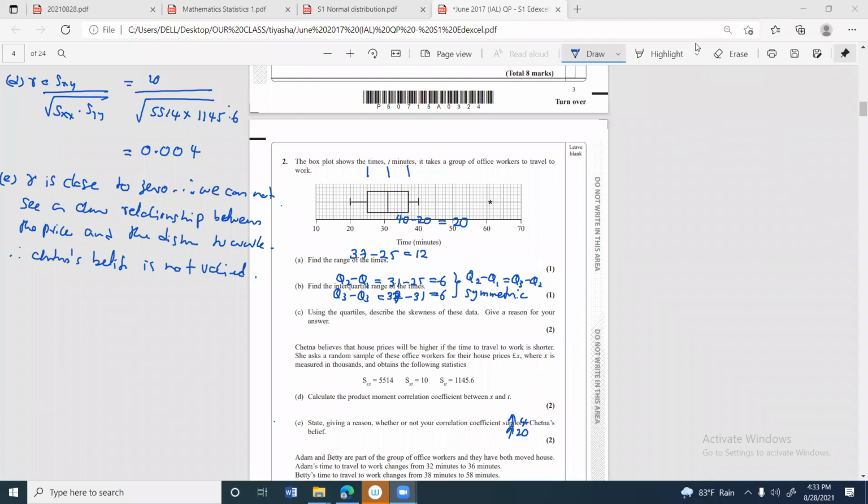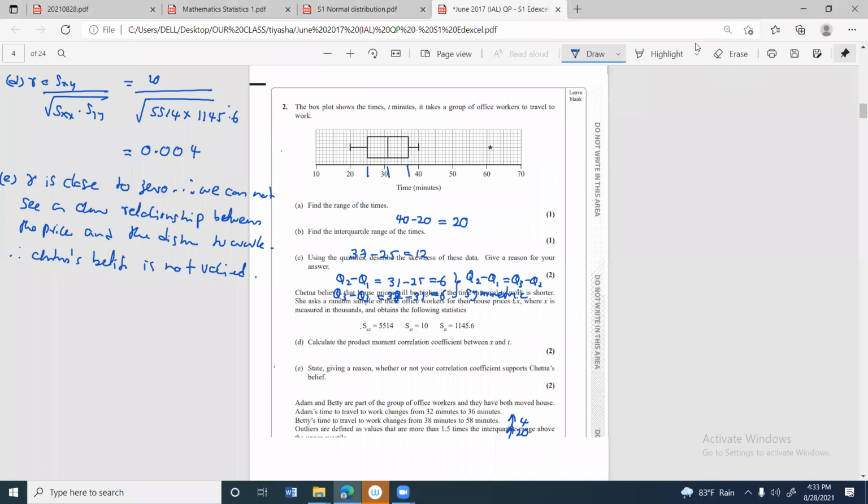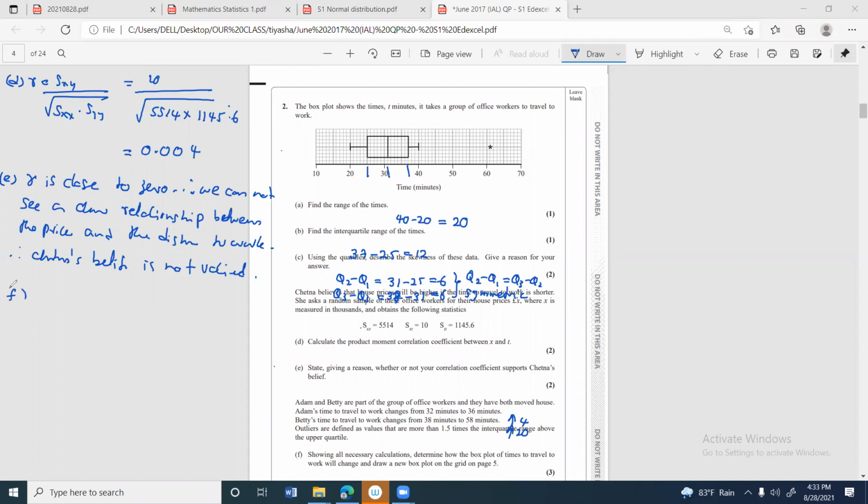Right. Then when you come up to this question, see whether the new information matters. Now look, when you're working out question F, we can work out the boundaries. Let's calculate the upper boundary. The third quartile is 37 per day.